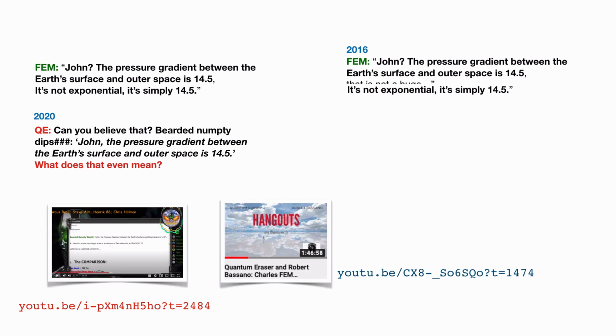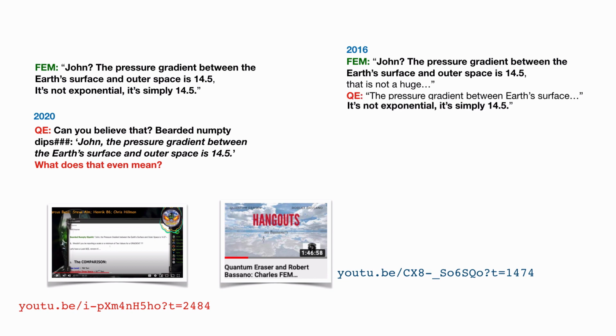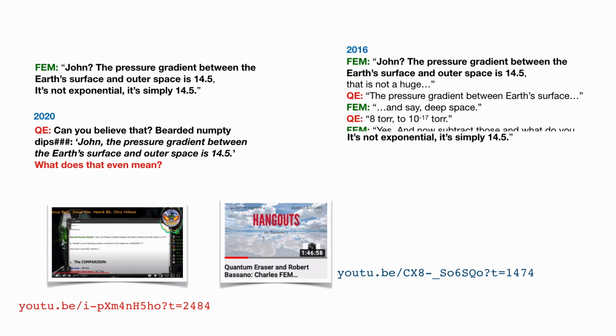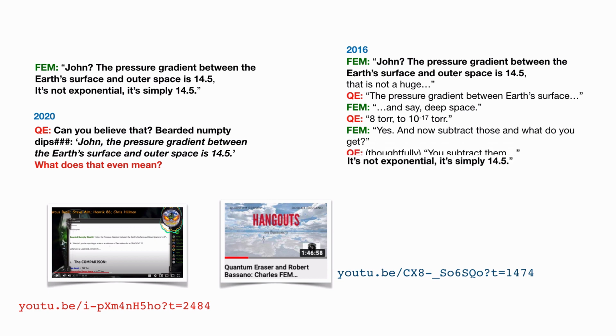John, the pressure gradient between the Earth's surface and outer space is 14.5. That is not the pressure gradient between the Earth's surface and say deep space. 8 torr to 10 to the negative 17th torr. Yes, now subtract those. And what do you get? You subtract them. Yes. That's a differential, right?